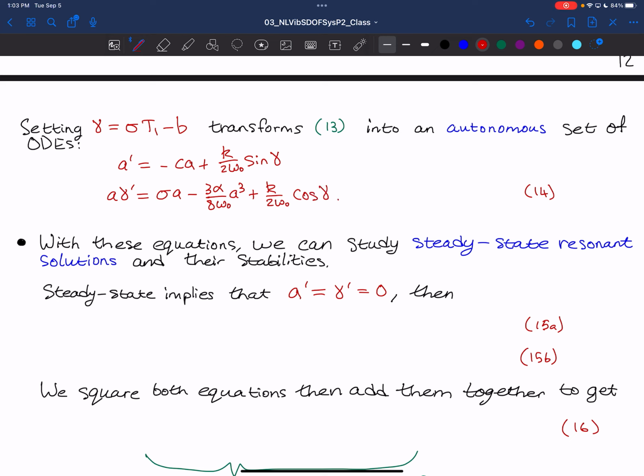And so by doing this, we have eliminated time explicitly in this equation, and so we now have an autonomous set of equations.